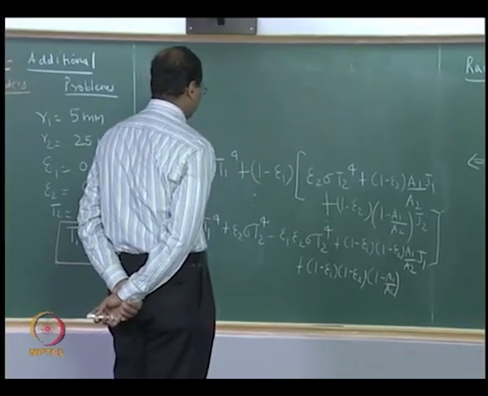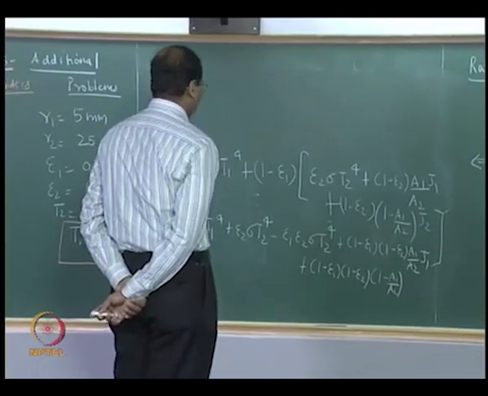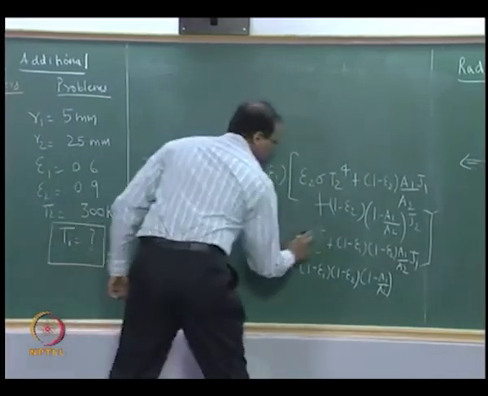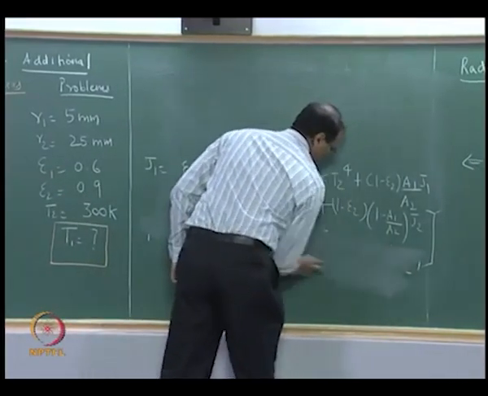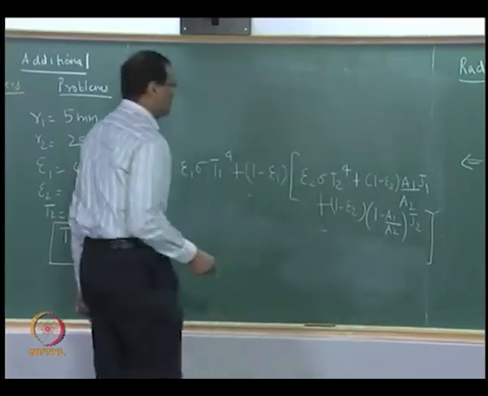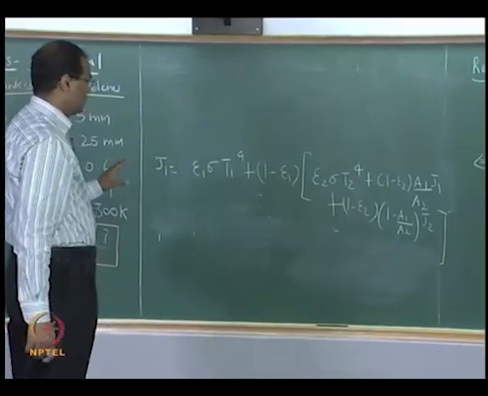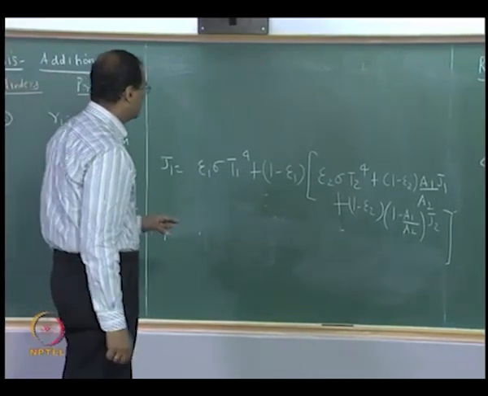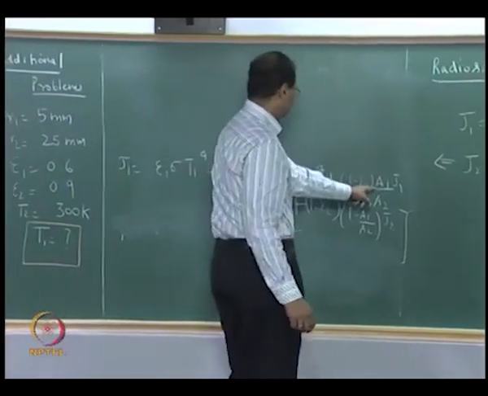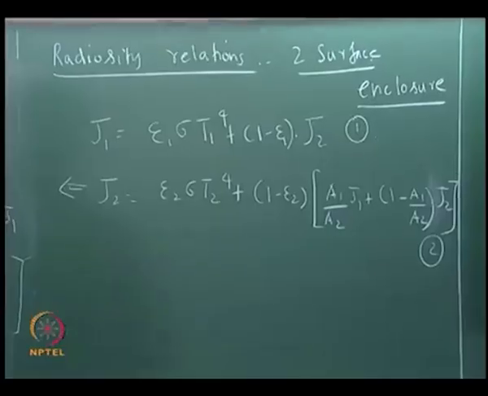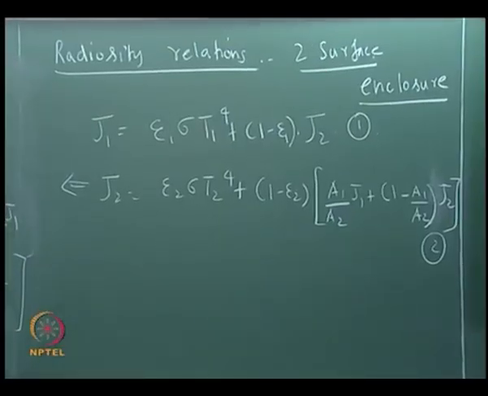Which one? No, no, even before this, even before this. Yeah, tell me, what is the problem? A1 by A2 into J1, that A1 by A2, it has to be multiplied for the whole. Which one, which one? Inside the square bracket, the first two terms. They are common for A1 by A2 into J1.